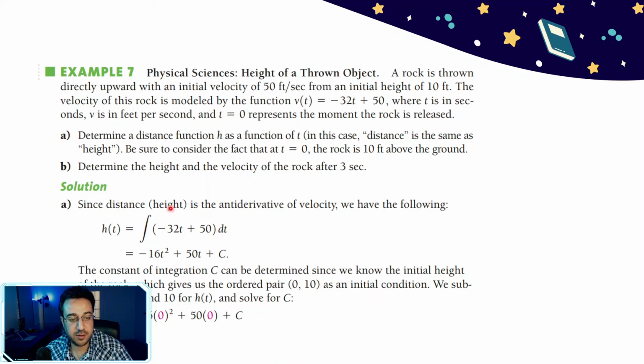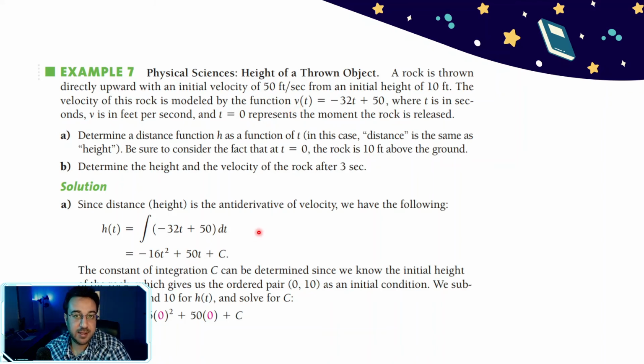So the distance or the height here, h of t, would be a function of velocity. H of t would be the integration of the velocity. Why? Remember when we said the derivative of distance physically equals the velocity. And here the distance is being measured upward, or in the y-axis, which could be considered as height.